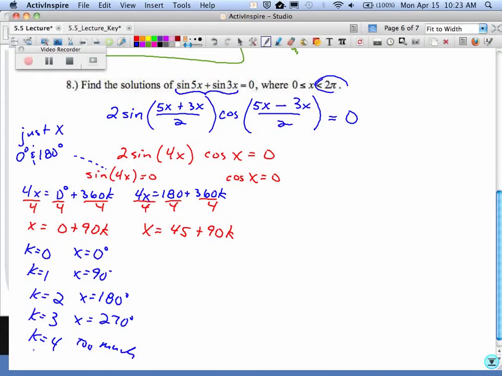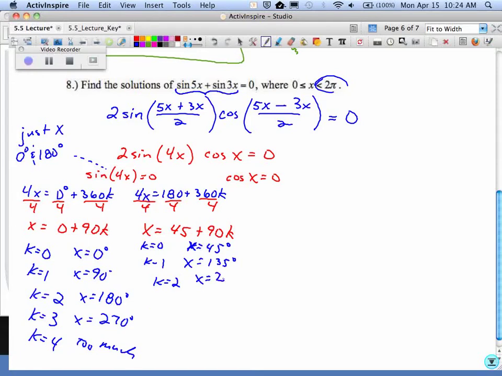Over here, if k is 0, what do you get? X is 45. When k is 1, what do you get? 135. When k is 2, what do we get? 180 plus 45 is 225.